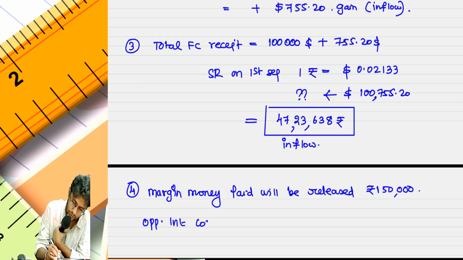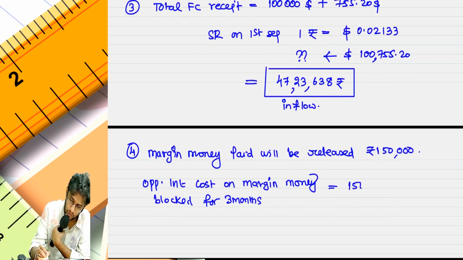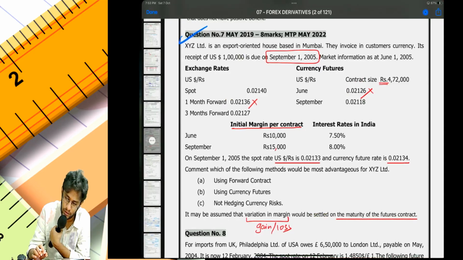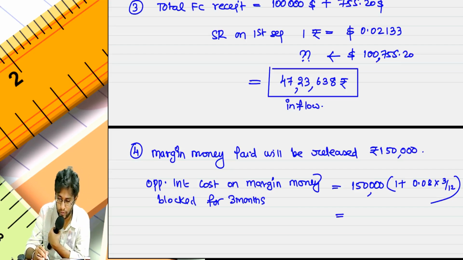Opportunity interest cost on margin money blocked for 3 months equals to, go and see the question, some interest rate is given, 3 months transaction, 8%. How much? 3,750. 3,000.